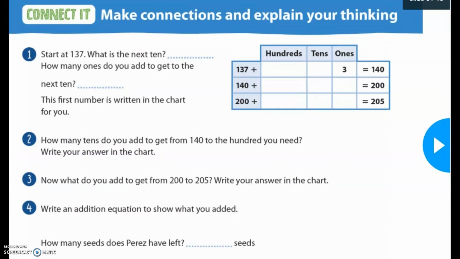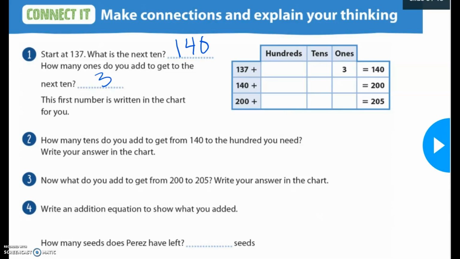So it says, start with 137. What is the next 10? So if we add the next 10, we have to add 3 ones right here. Oh, it says what is the next 10 though? So the next 10 would be 140. And then since the next 10 is 140, we have to add 3.